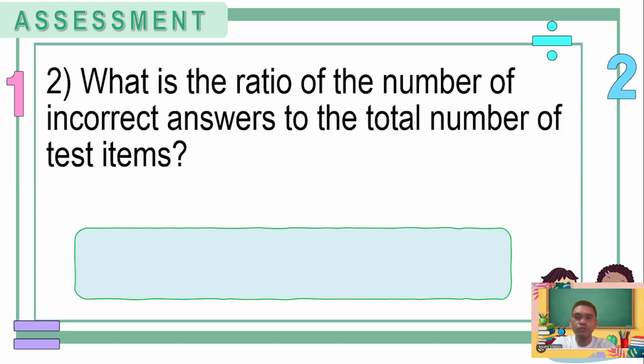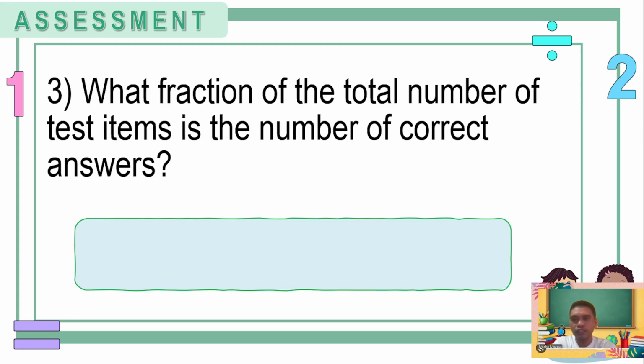Okay, number 2, what is the ratio of the number of incorrect answers to the total number of test items? Guys, banatan ko. So, pwede na i-post. Number 3, what fraction of the total number of test items is the number of correct answers?